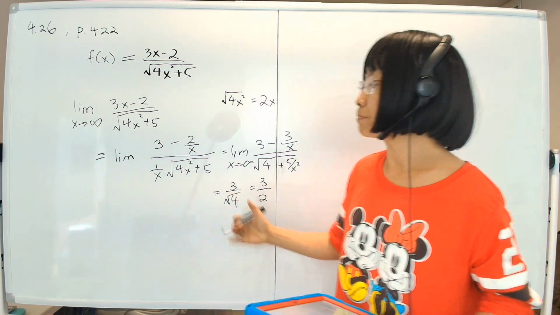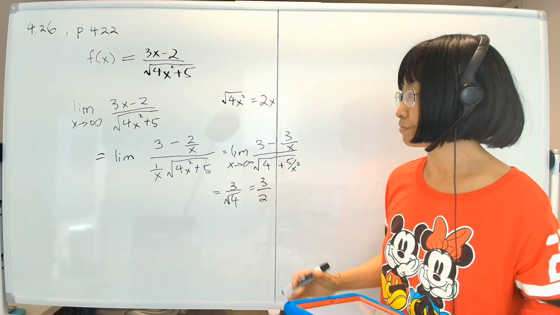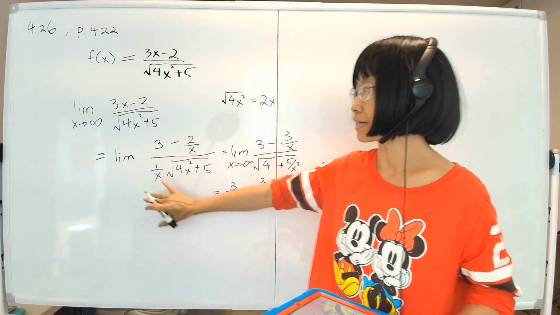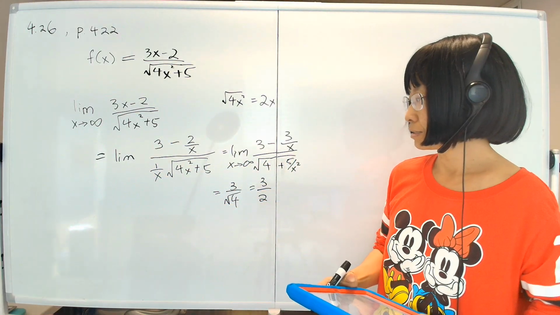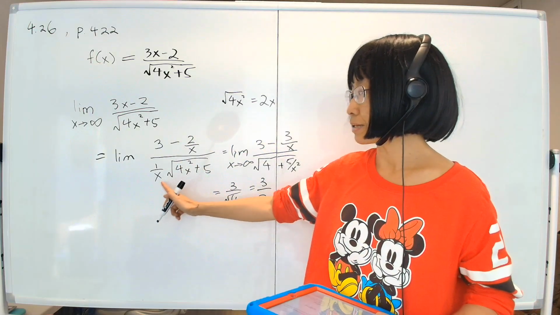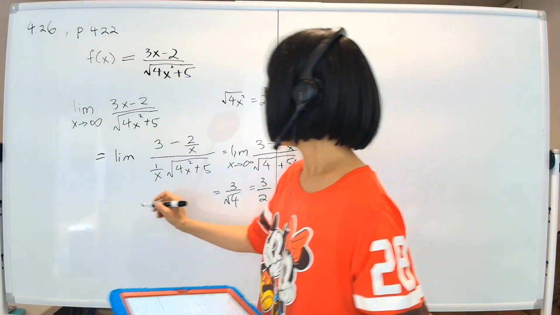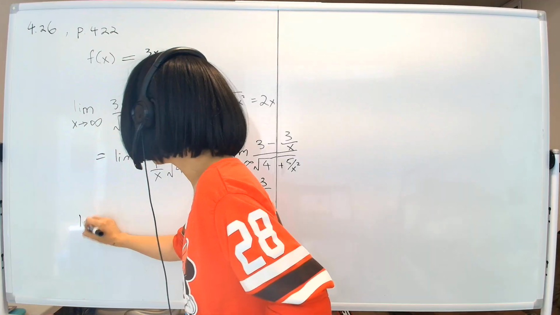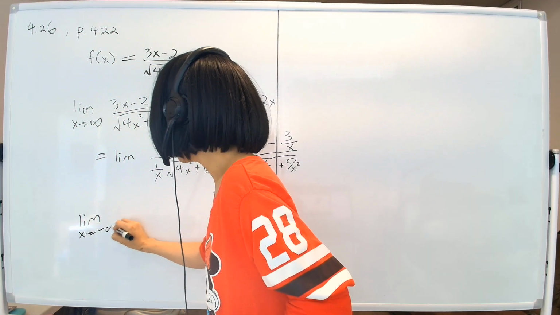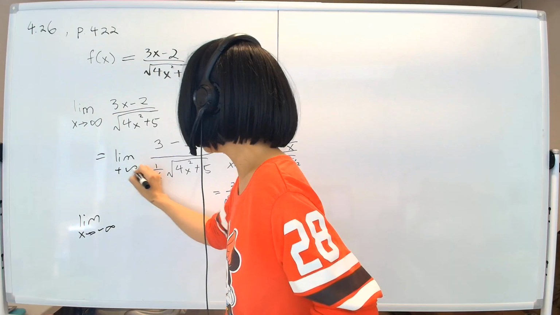Now, what happens when x is approaching negative infinity? We do the exact same process, except that we have to watch out for the signs. So let's next consider x approaching negative infinity, minus infinity. This was positive infinity.